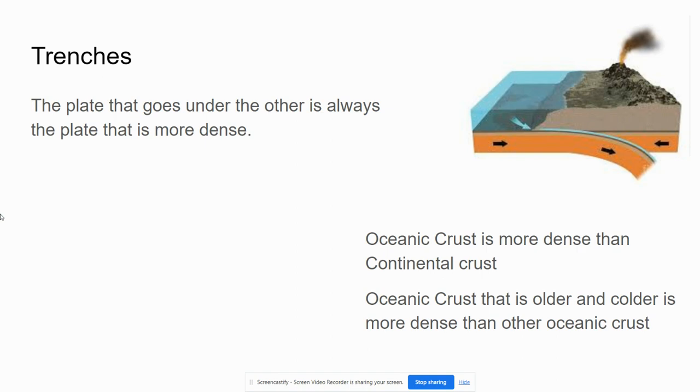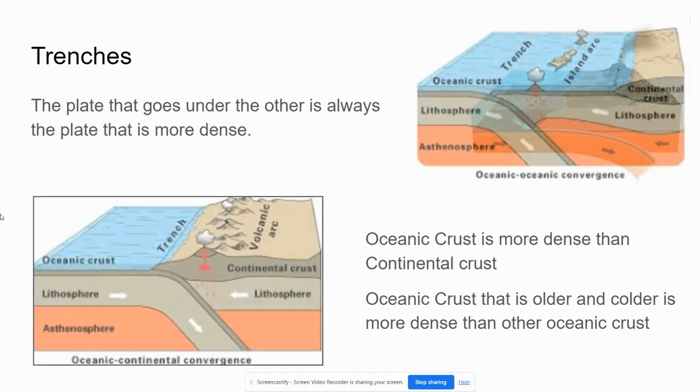So if it's oceanic versus continental, as you can see in the bottom picture, the oceanic crust is going underneath the continental crust. And then the one in the top right, you have two oceanic crusts. You can see the one on the left side is going to be the older and colder crust, so it's more dense, so it's going underneath. And then the younger one is the one on the right, where you can kind of see that little volcano that's there in the island arc.